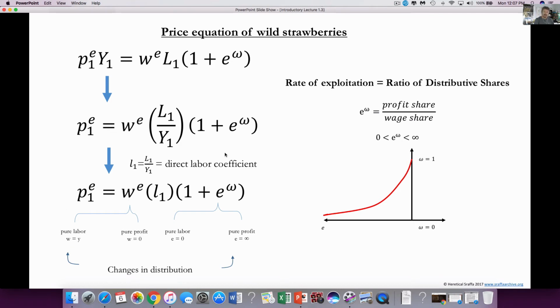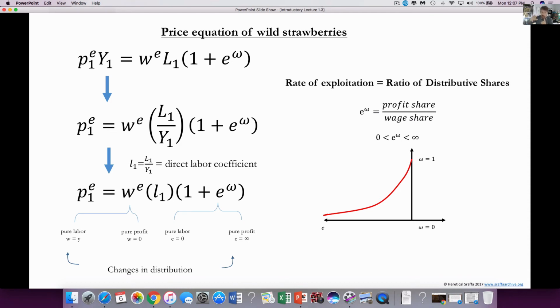And so what that means is that the distributive variables, in this case the wage rate and the rate of exploitation, are going to have associated with them a pure wage regime value and a pure profit regime value. I should say the price of the wild strawberries will too, strictly speaking, but we're assuming here that the wild strawberries price is going to be equal to 1.